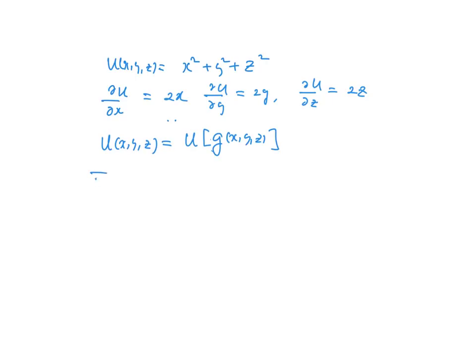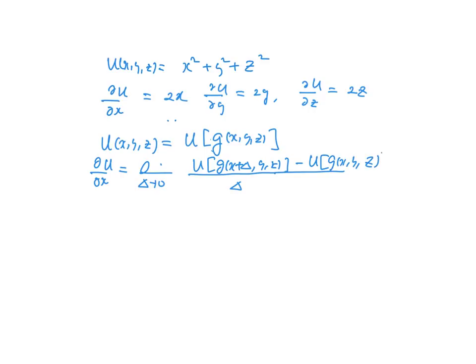So partial u over partial x is actually u(x plus delta, y, z) minus u(x, y, z), right? So we can say g(x plus delta, y, z) as g plus delta g.